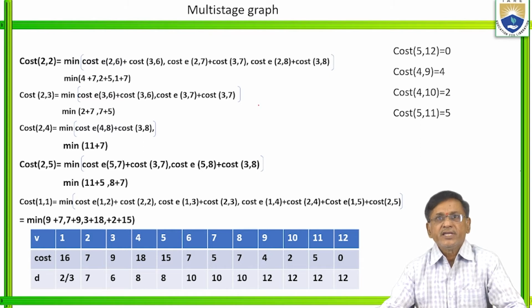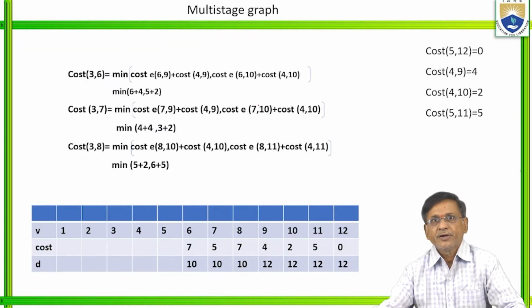So in the first case, the cost of the edge from 2 to 6 is 4, and the cost of vertex 6 is 7. You can see that in the diagram.